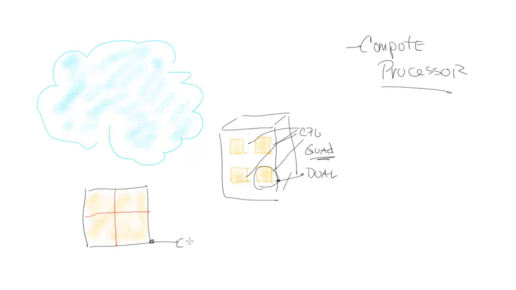This is the CPU chip. And then within it here in the gold, this section here, these are the cores. So this is a single CPU with four cores.